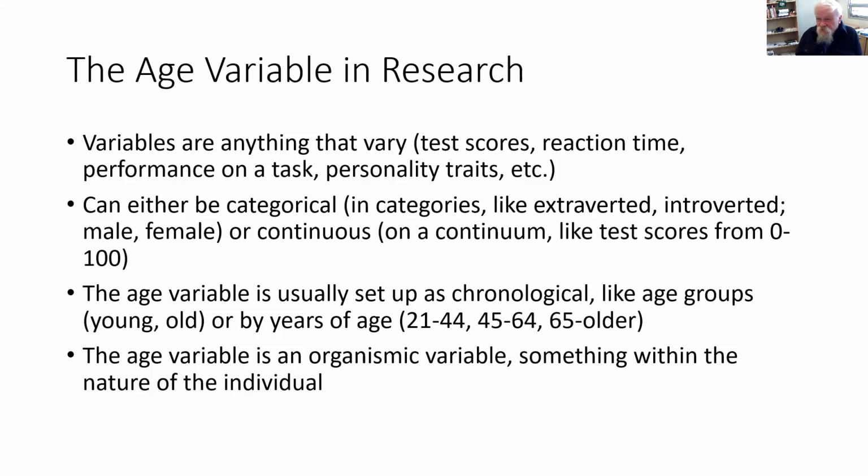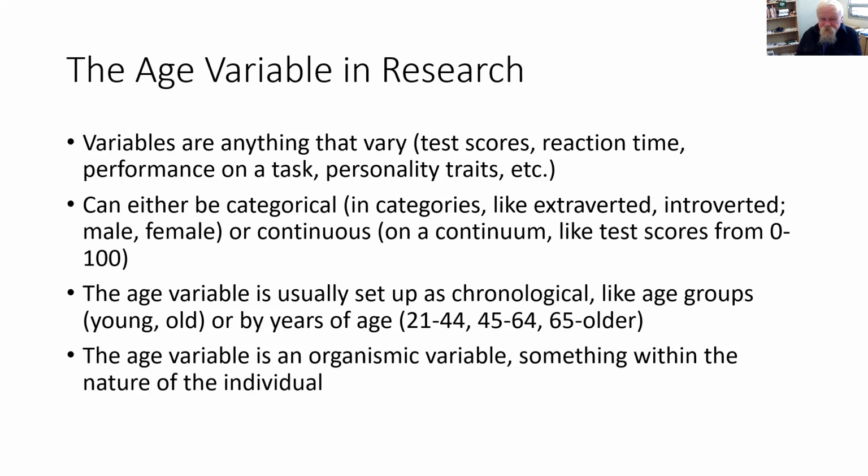These grouped ages, like 21 to 44, 45 to 64, and 65 and older, are categories that are mutually exclusive, right? In other words, you can't fit in all three, you can't fit in two, you can only fit in one and only one category. So usually age is looked at as a kind of categorical variable in most studies.